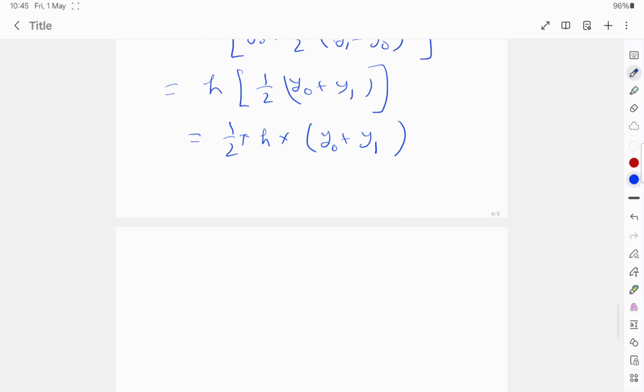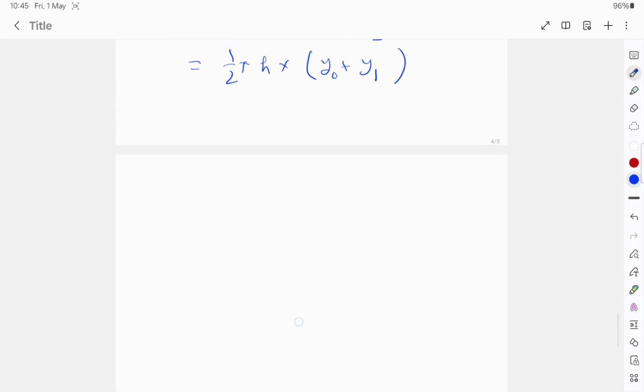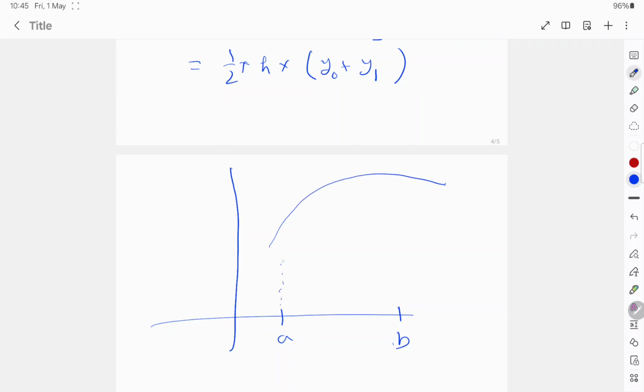So what does this actually say? Suppose this is your a point, this is your b point, and you have some arbitrary function like that. This height is your f(a), this height is your f(b).